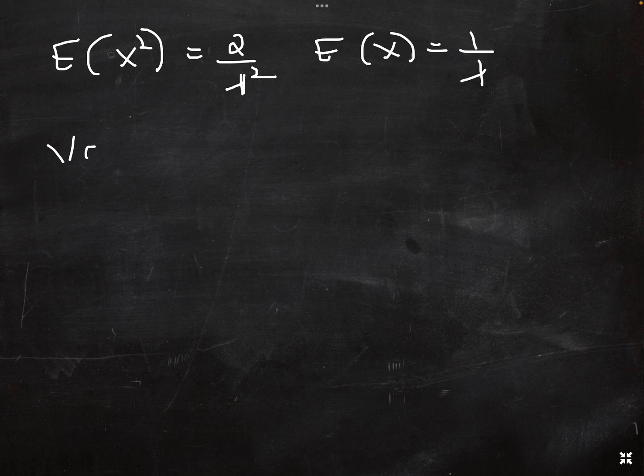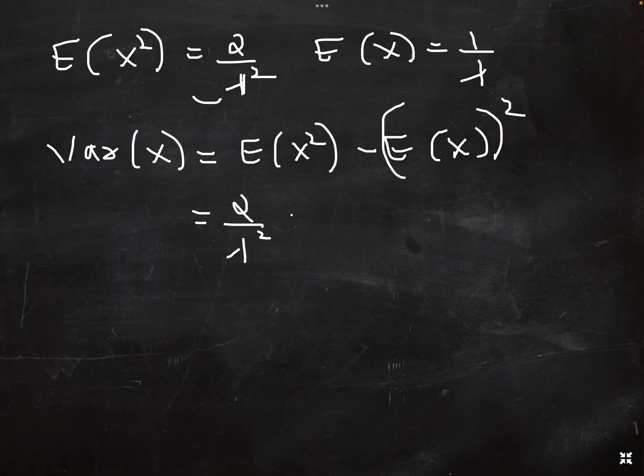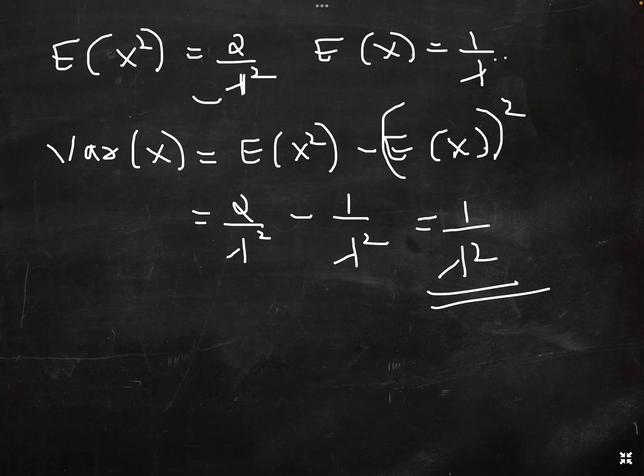So the variance of X is equal to the expectation of X square minus the expectation of X the whole square. The expectation of X square is 2 by lambda square, minus the expectation of X the whole square, which is 1 by lambda square. 2 by lambda square minus 1 by lambda square is equal to 1 by lambda square. Okay, the answer is 1 by lambda square.